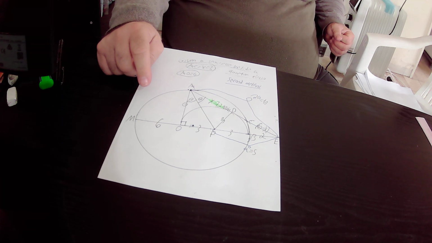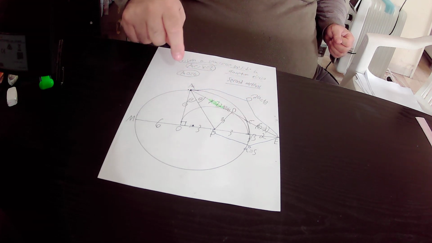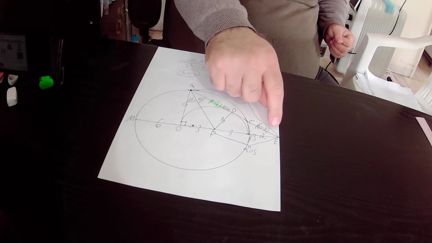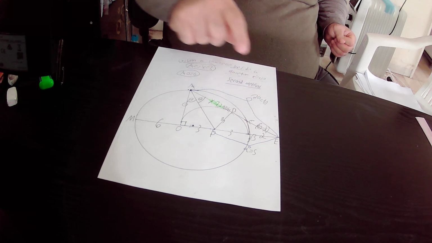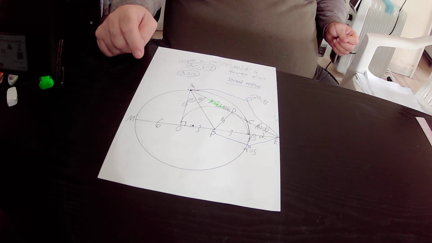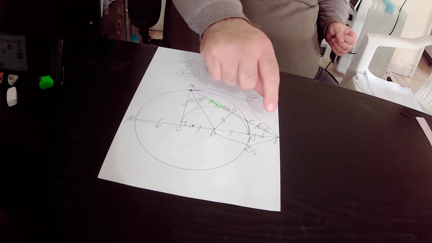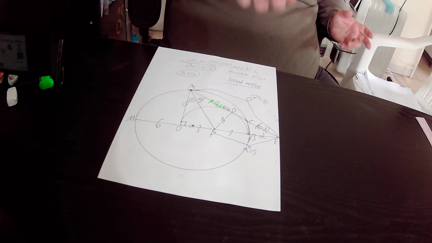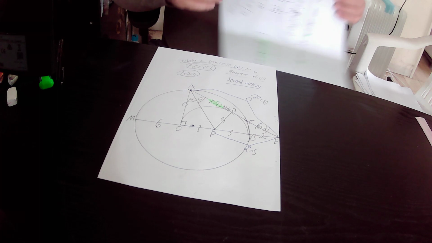So here we have chord MB that intersects with chord AC at point E. Point E is the intersection point of those two chords, and therefore, because the two chords intersect with each other outside the circle at point E, we can implement rule number 3 in our drawing.